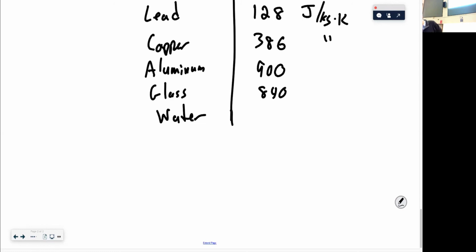It is 4187 joules per kilogram Kelvin. That's a huge number. It's more than 4 times more than aluminum. It's more than 10 times more than copper, which is weird. What is it about water?